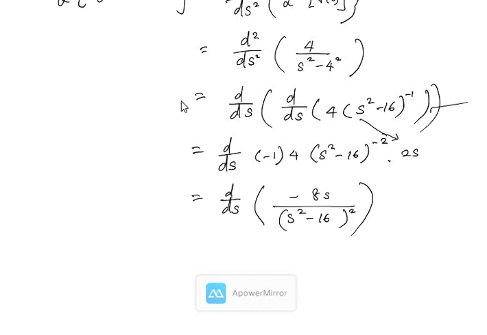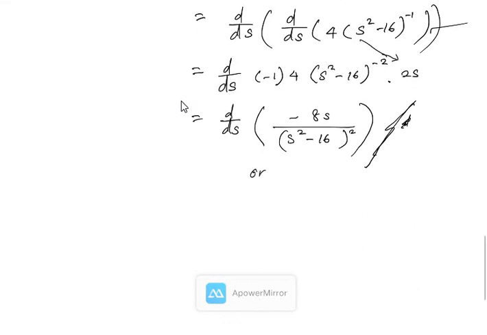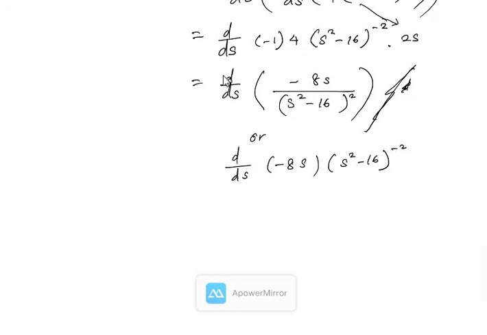Or I can rewrite it. Or I can write it right. Okay, I put it here, d over ds, negative 8s, and multiply with (s squared minus 16) to the power of negative 2. It is the same. So now we need to differentiate one more time.